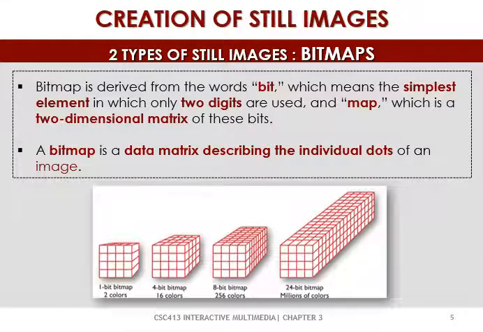For bitmaps, the word bitmap is derived from the words bit, meaning the simplest element in the digital world, and map, a two-dimensional matrix of these bits. So a bitmap is a data matrix describing the individual dots of an image.